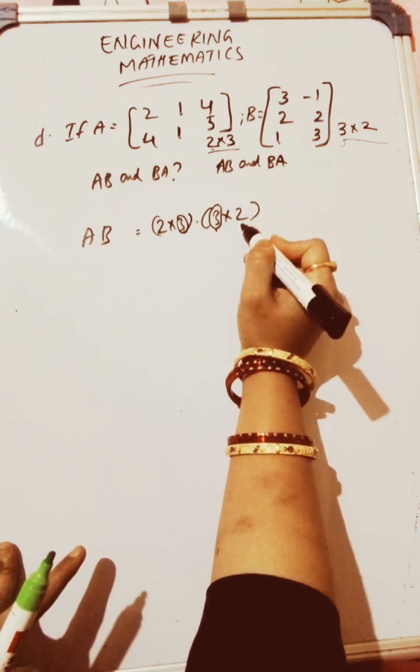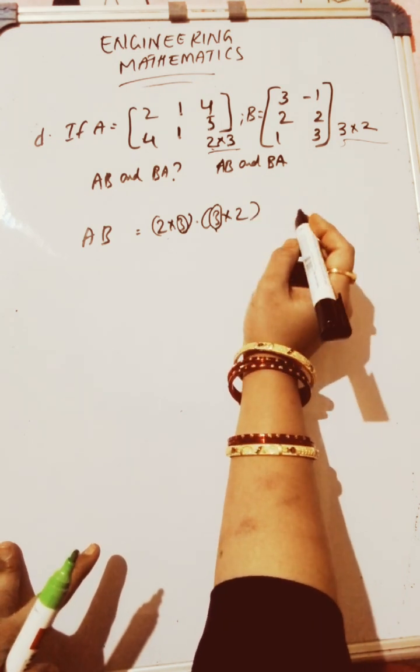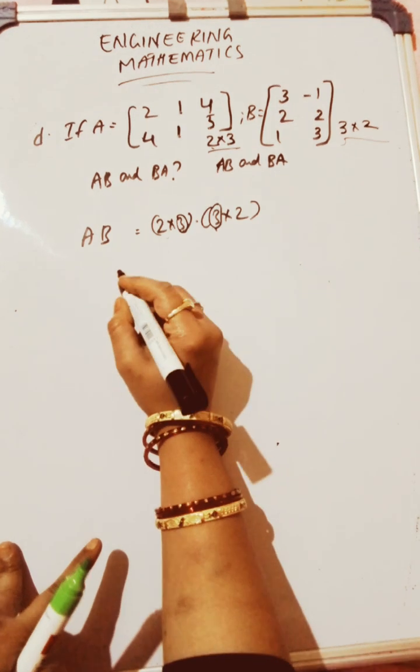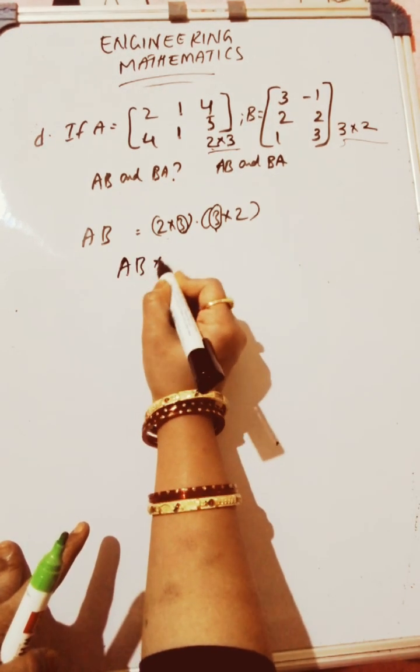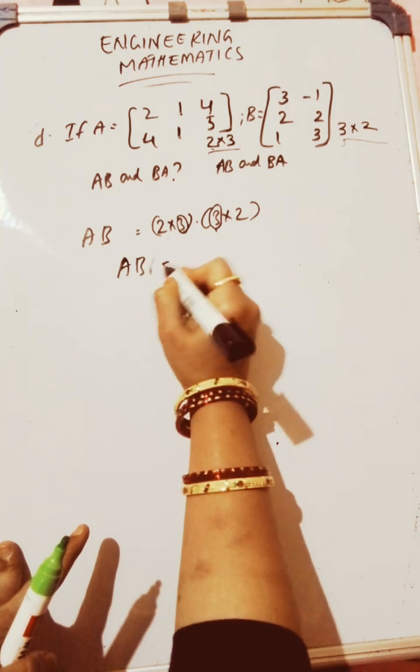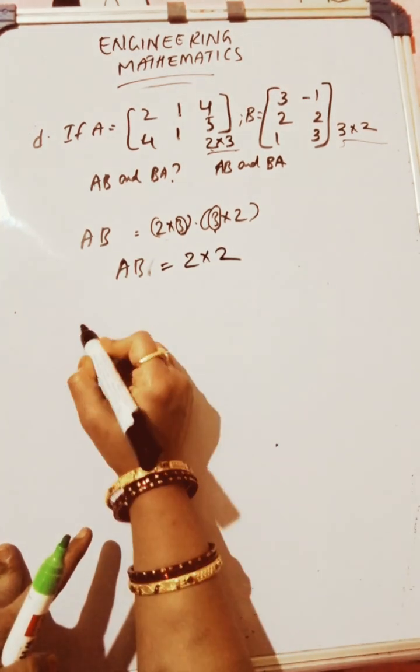Okay, so we can perform the matrix AB operation, and its order will be 2 by 2.